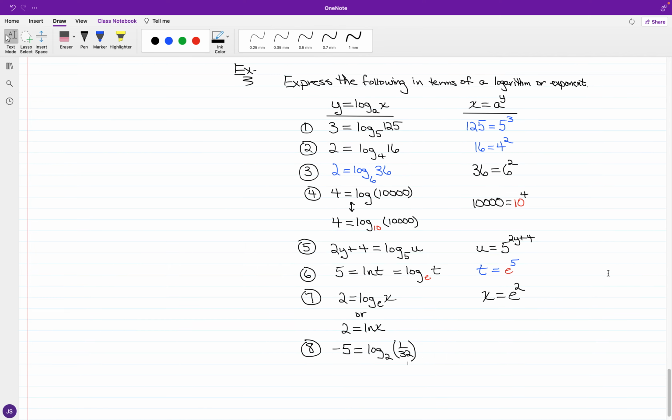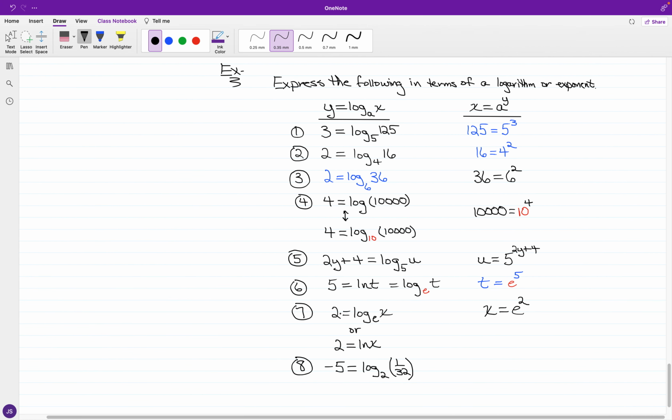Okay, so in the setup we have y at -5, a is 2, and for x we have the fraction 1 over 32. In terms of the exponential equivalent, we have x, the fraction 1 over 32, equal to a to the y, so logarithmic a becomes exponential a, so you have 2, and 2 to the y, with y at -5.